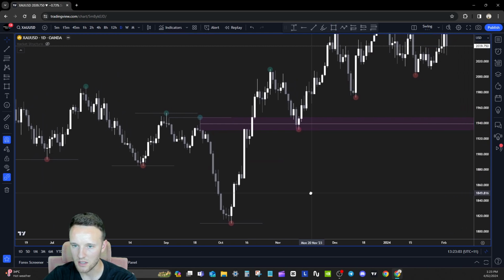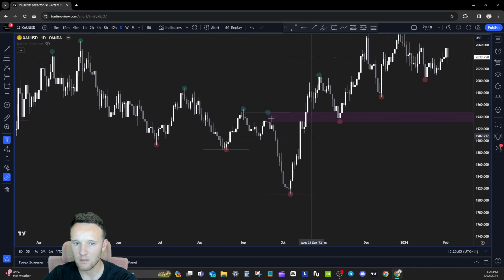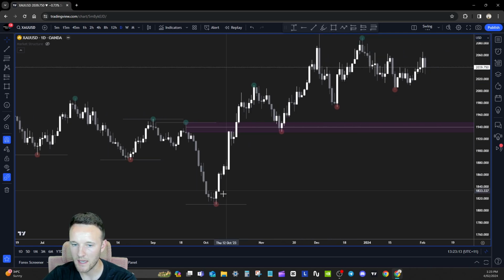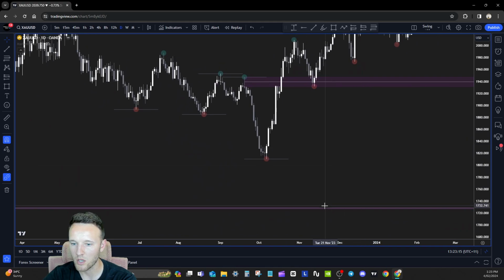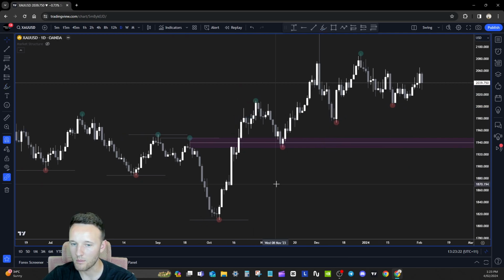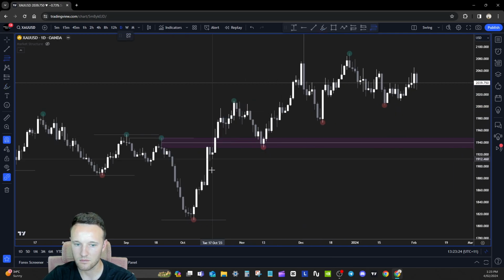Okay, we have a lower high structure in the downtrend, right? Lower high, lower low, lower high, lower high, lower low. Bang. Now we are bullish. Okay, now price is bullish because we broke lower high structure and created a new higher high over here. Okay, higher high. So now what we're looking for is a retest of this level, right?